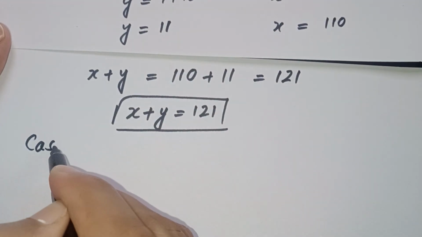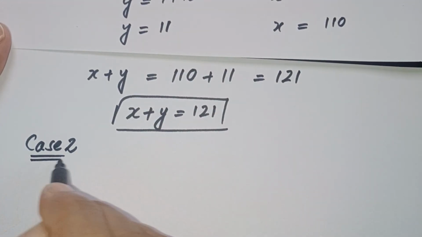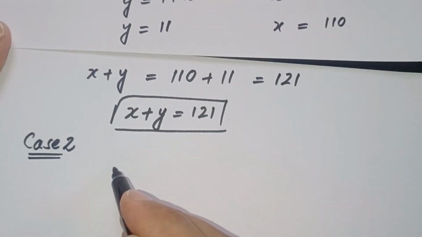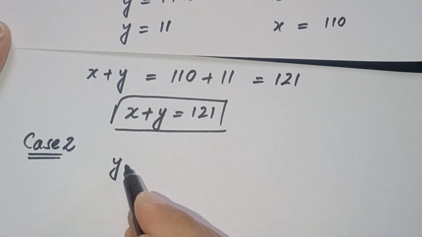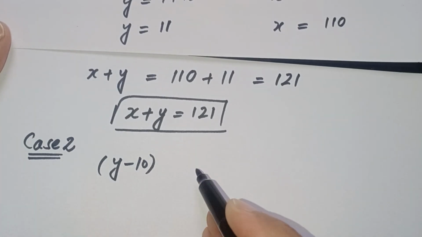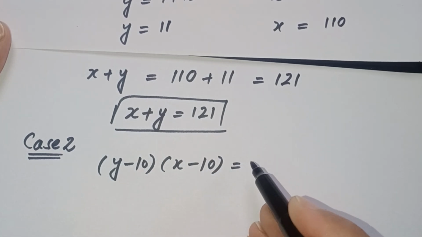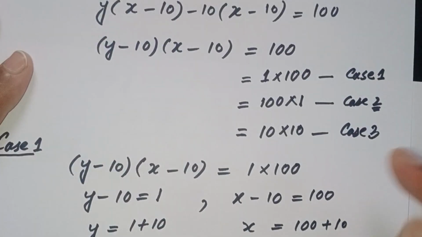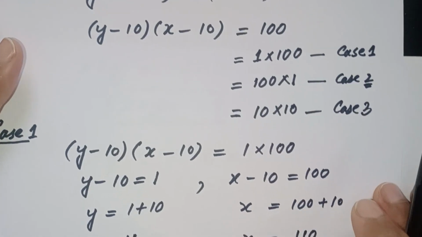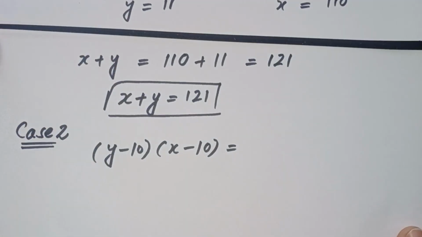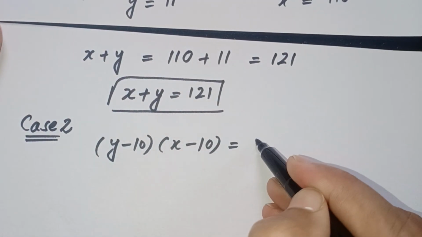Now case 2. So we have y minus 10 times x minus 10, and for case 2 we have 100 multiplied by 1.